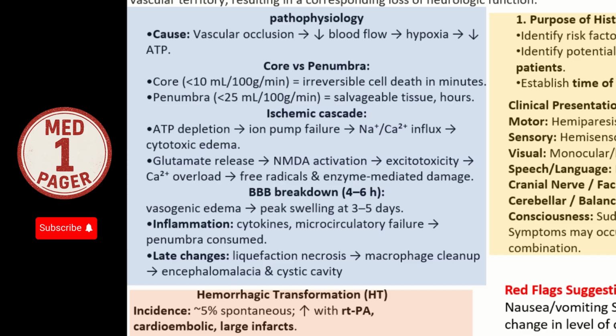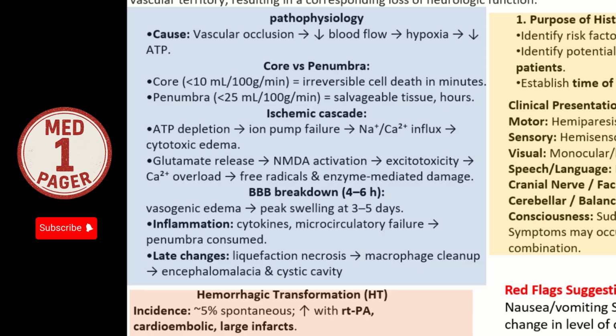So when glutamate is released, NMDA receptors are activated and we have excitotoxicity. And when excitotoxicity happens, calcium is going to enter. When calcium enters, there is going to be an overload of it, and we shall have free radicals being produced. And these free radicals are going to cause massive cell damage, as well as other enzymes that are going to also come in and cause the breakdown of these cells.